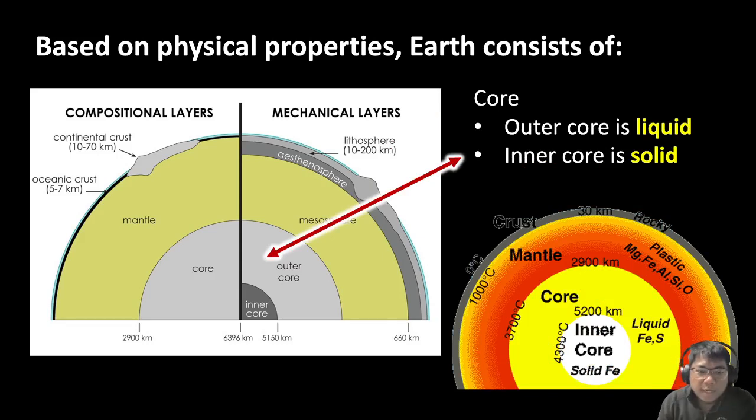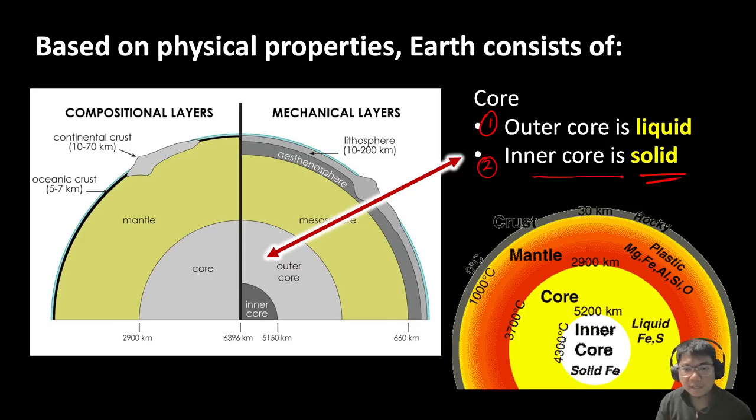And then the next one here is the core. Based on its physical properties, we can subdivide the core into two subparts. The first one is the outer core, and the second one is the inner core. The outer core is the liquid part of the core, and the inner core is the solid part of the core.